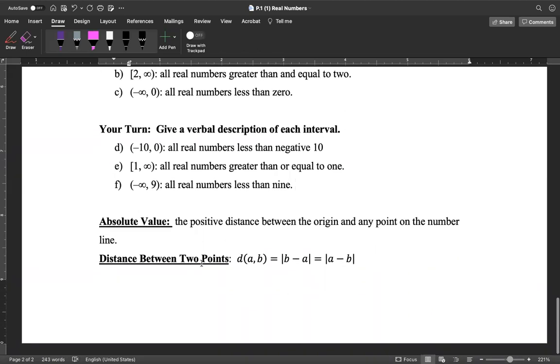So what this is saying, to find the distance between any 2 numbers on a regular number line, you just subtract those 2 numbers, but you take the positive value. So the order in which you subtract doesn't necessarily make a difference. You just need to remember that you subtract them, but you always take the positive value.